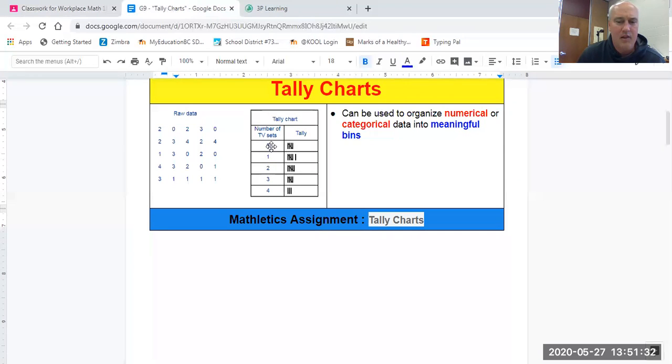So we know that some people have 0 TV sets in this case, and when we tally up all the values that are 0, it adds up to 5. And notice that with a tally, when we do 5, it's actually 1, 2, 3, 4, and then a cross through it indicates 5. So once again, tally charts are used to organize numerical or even categorical data into what we call meaningful bins.